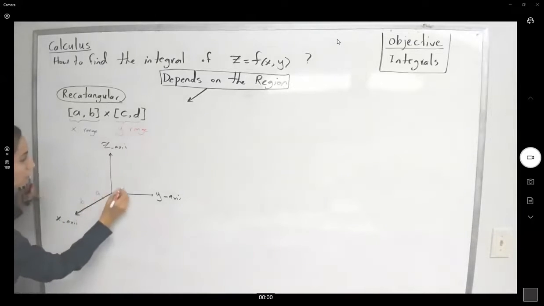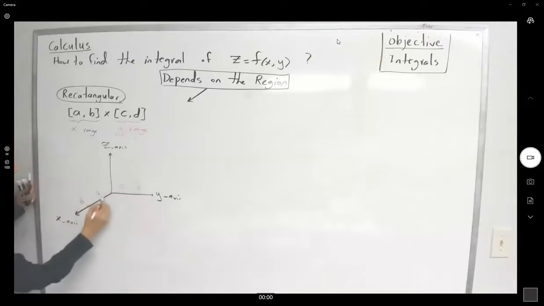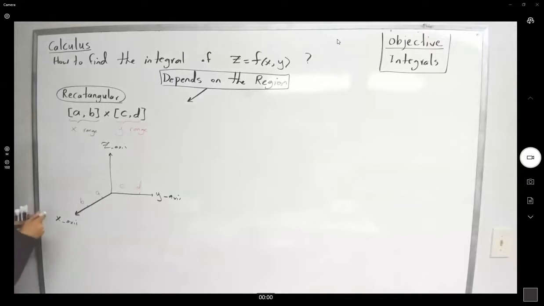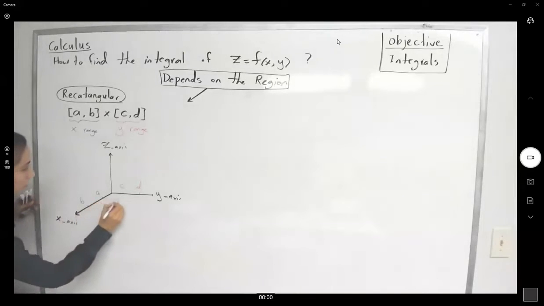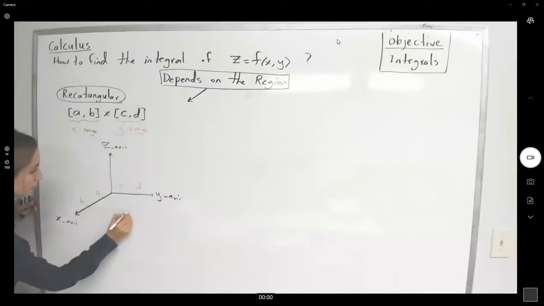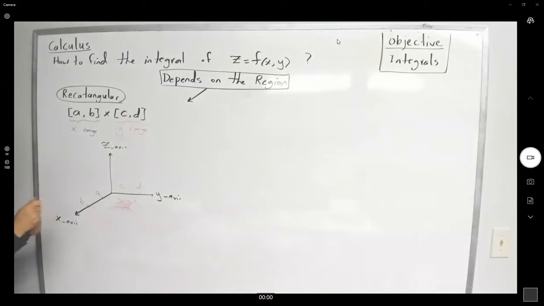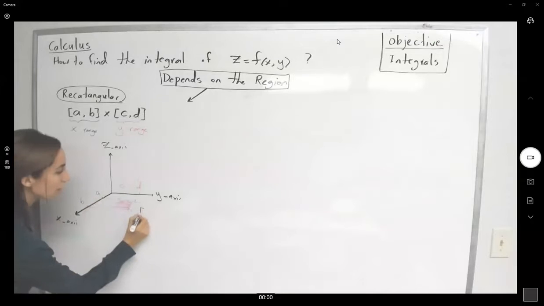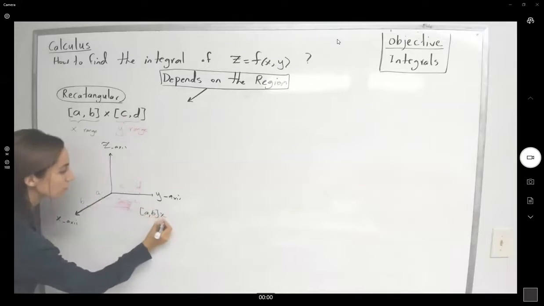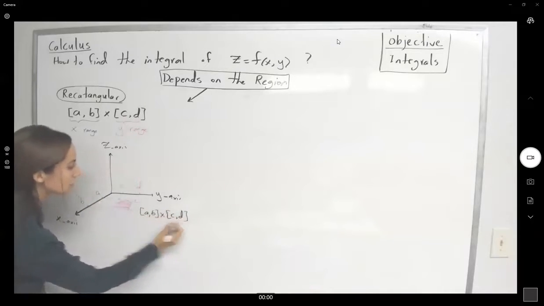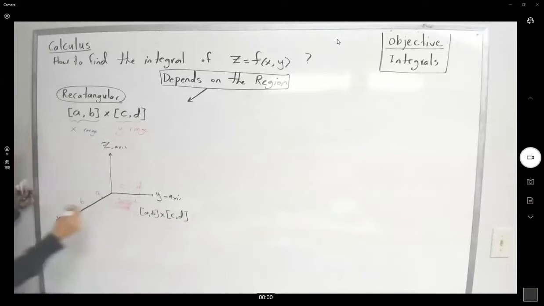My y ranges between c and d. So the intersection between these two is going to be this region down here. So this is the interval a to b cross c to d. This is the region that you're dealing with.